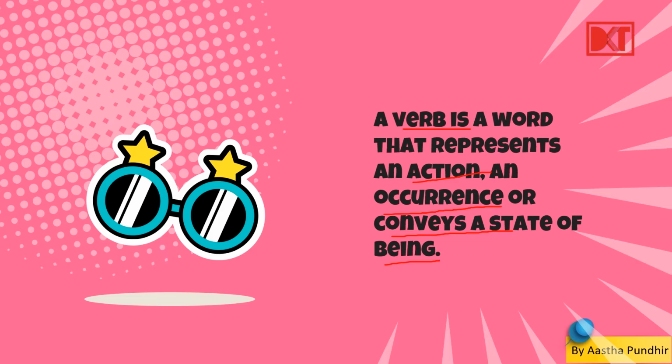So, a very simple definition: a verb is a word which represents any of these three things, like any action taking place, any occurrence that is happening, or it conveys some state of being of something or someone.